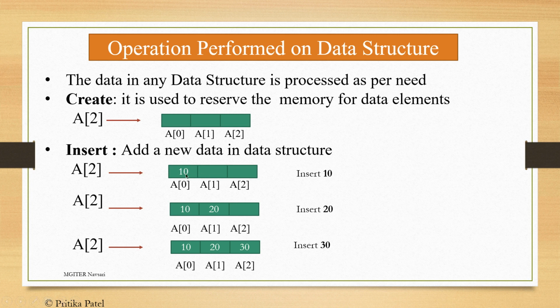So 10 is inserted at position a of 0. Then insert element 20 at the location a of 1. Then insert element 30 into the location a of 2. This way we can insert elements into the particular data structure by using the insert operation.